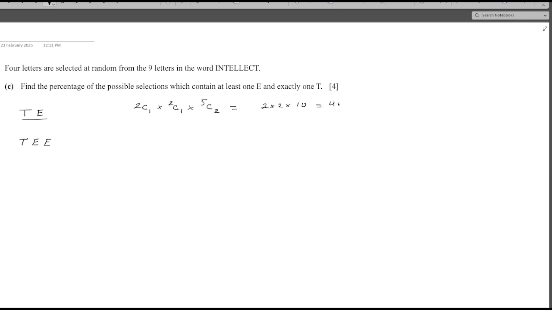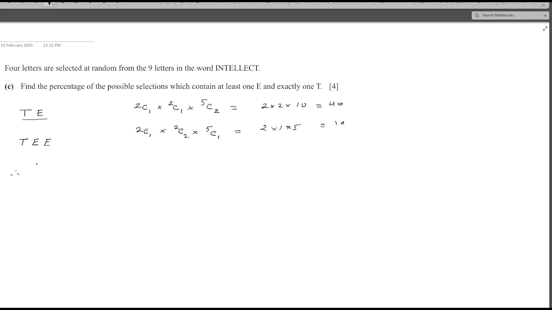So this is 40. Then here out of 2, 1T is selected in one way. Out of 2E, 2 can be selected in 2C2 way. And then from the remaining 5, I have to select 1. So that is in 5C1 ways. So it's 2 times 1 times 5, which equals 10.